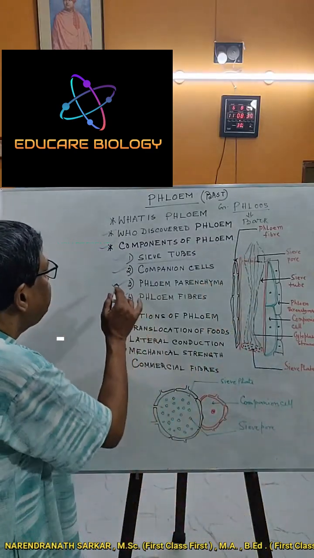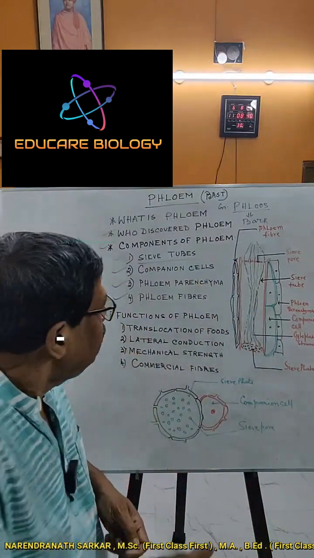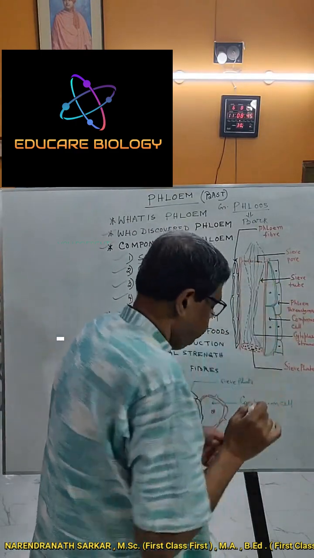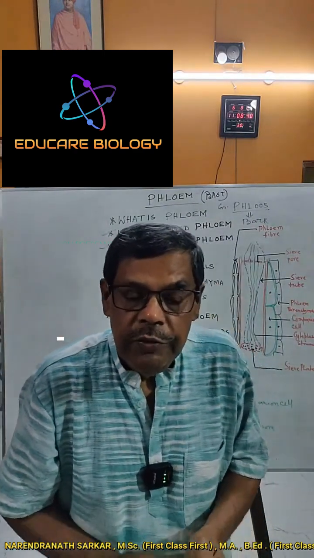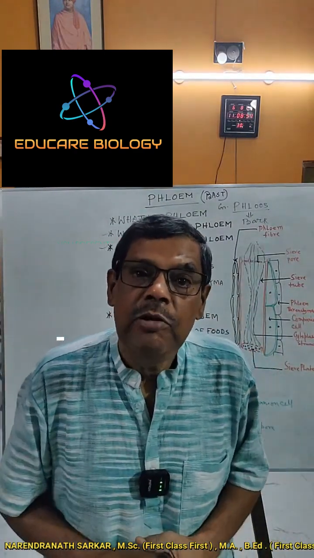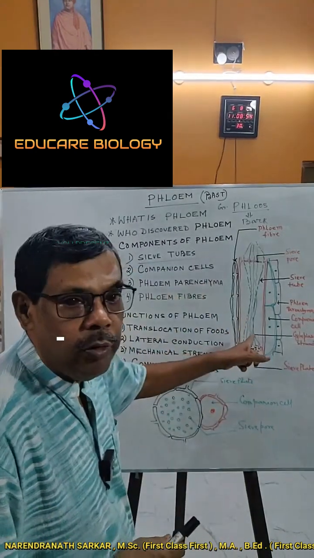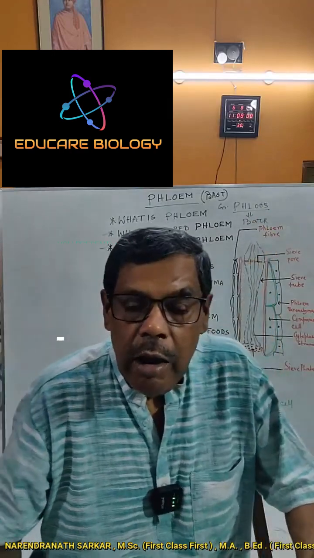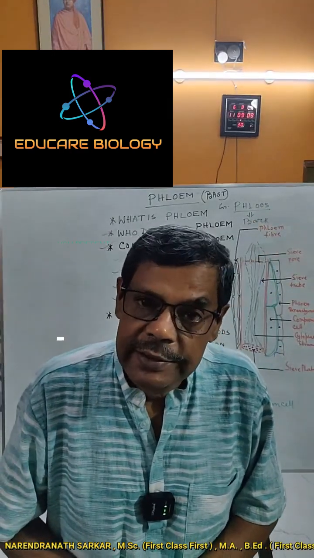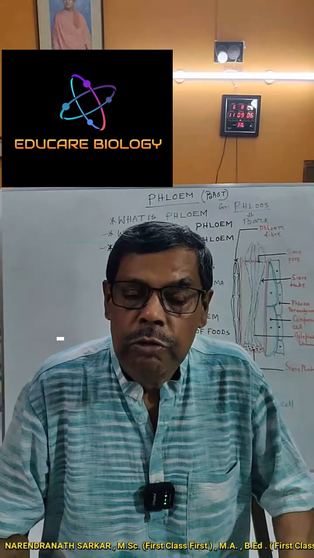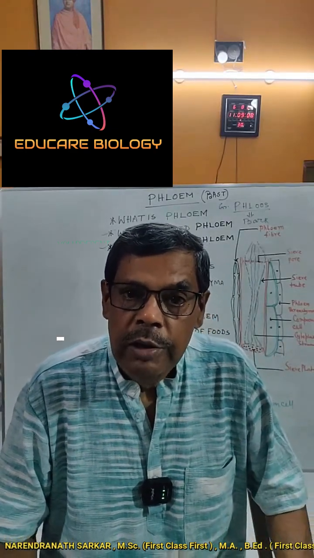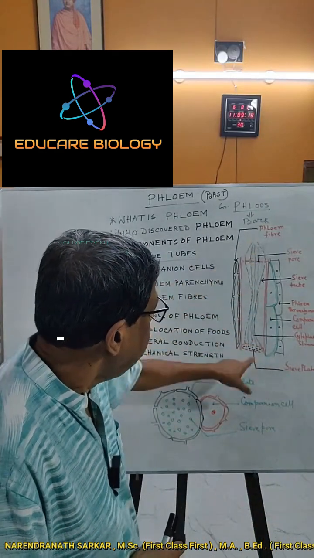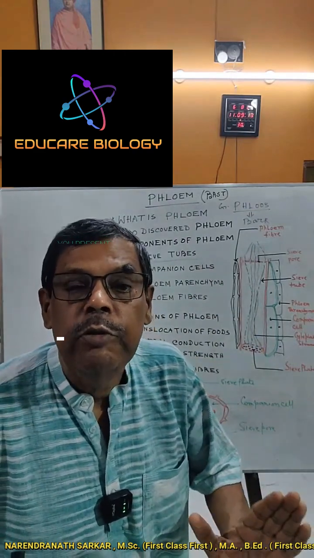Now, I will discuss sieve tubes. What is a sieve tube? A sieve tube is an elongated tubular structure which is formed by end to end joining of sieve tube cells.